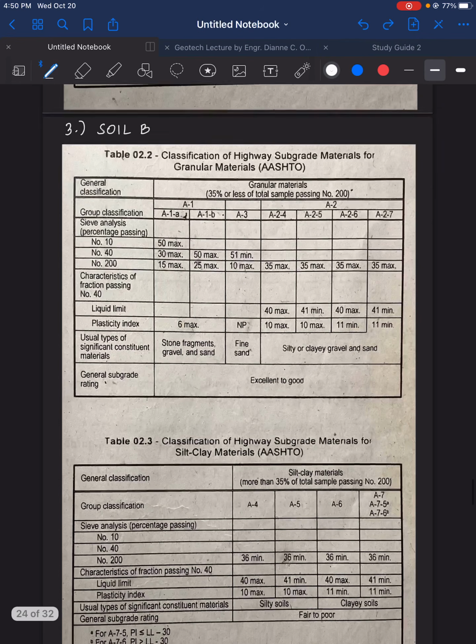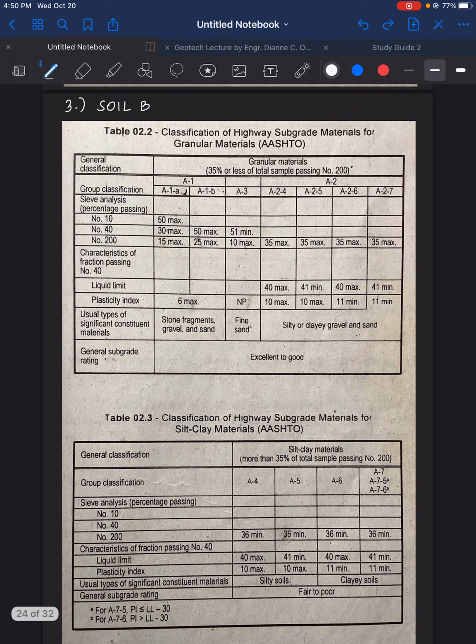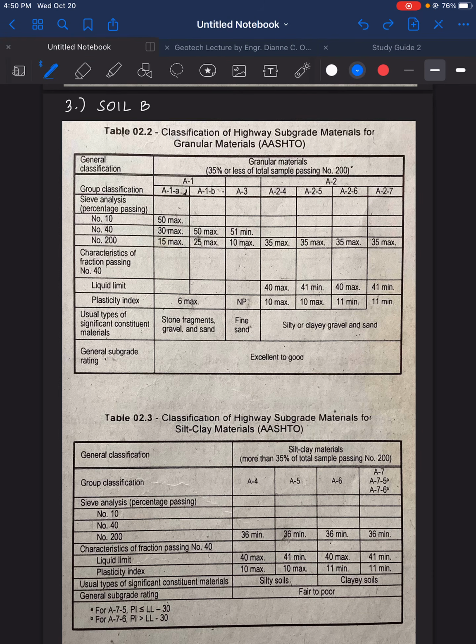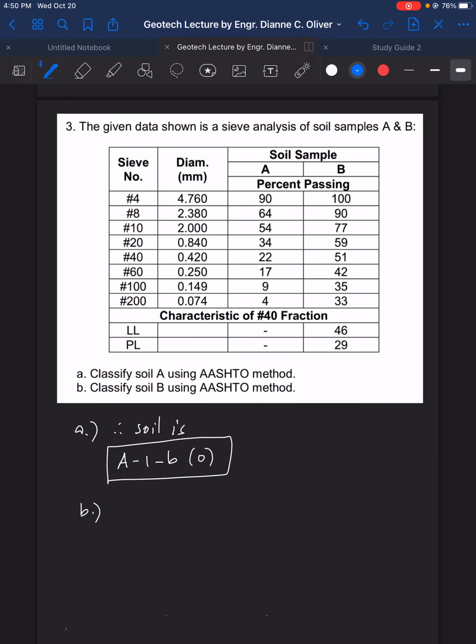So the soil B. Okay, so let's use this fresh table for the soil B. Now for the soil B, let's again start from the selection. Are we going to use granular or are we going to use the fine-grained or the silt clay? Again, let's observe what is at number 200. So at number 200, we have here percent passing 33.